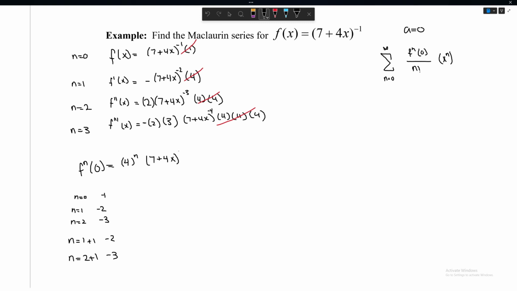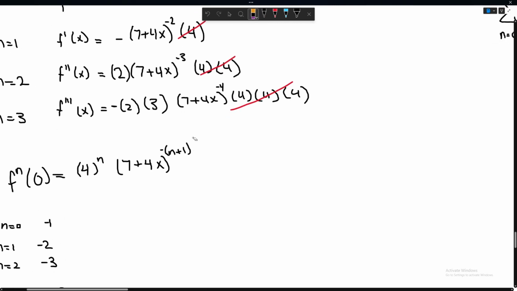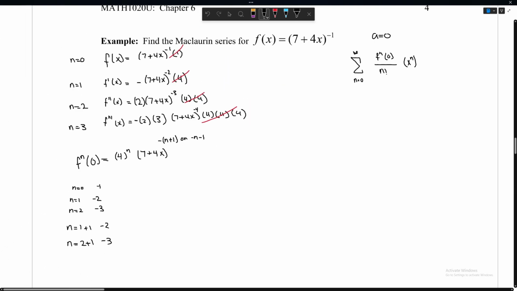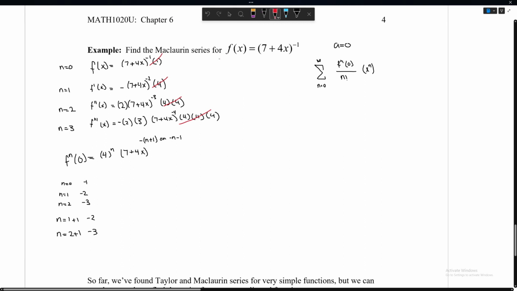And so this is saying n plus 1, and then you can turn the whole thing negative. Or, I'll zoom in here, I'll make this clearer. So you can make n plus 1 and turn it negative, or you could do negative n minus 1. And that's the same thing. Okay? And so that's our second part, which is done.